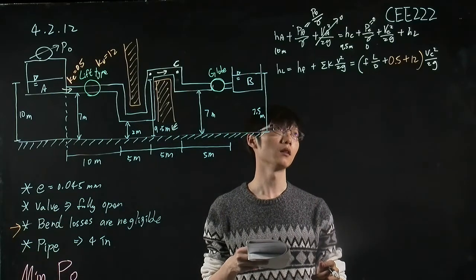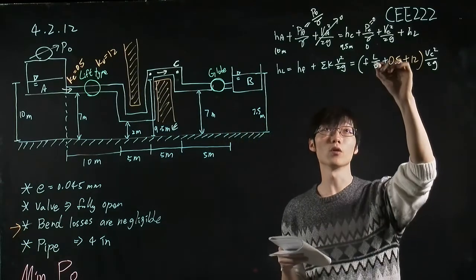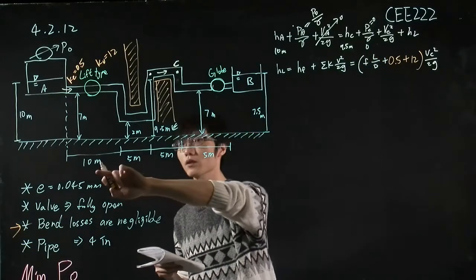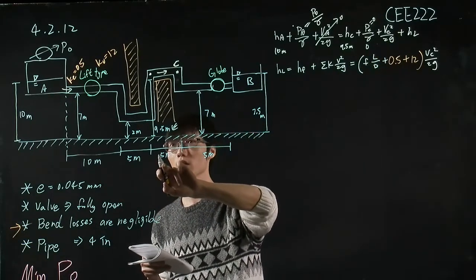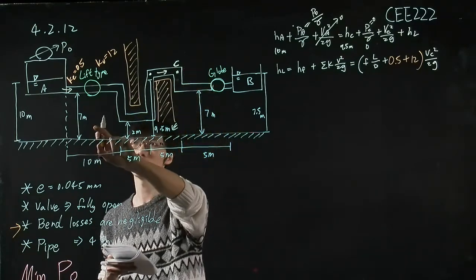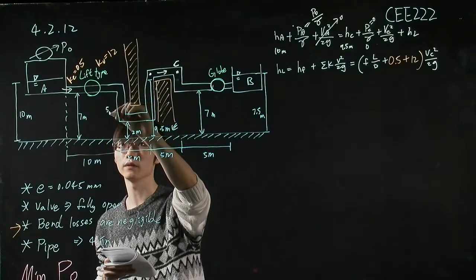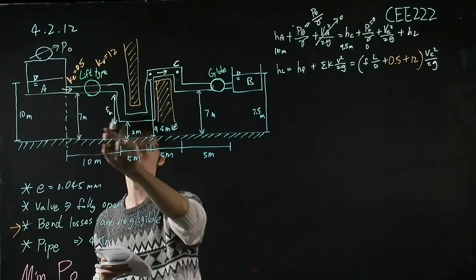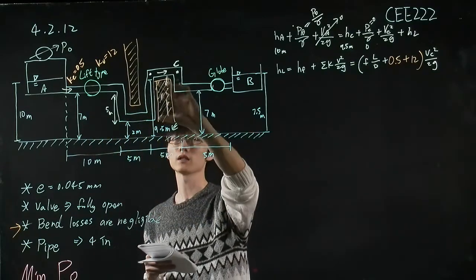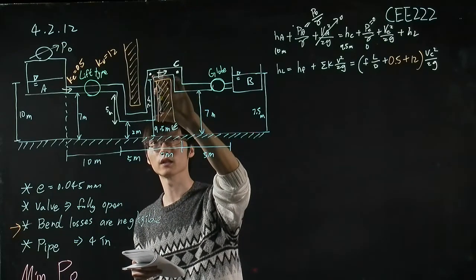And in this equation, we know L, because you can use these things to calculate the length to the C, which is 10 plus the distance here, which is equal to 5 m. 7 minus 2 is 5, and plus 5, and plus 7.5 meter for this distance.